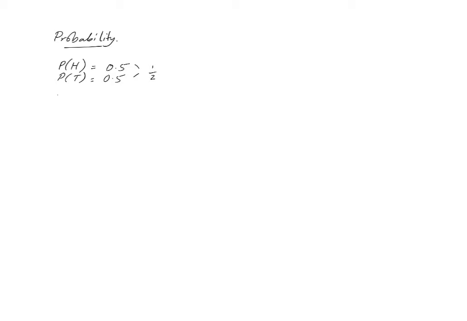So let's just do another quick example. P of 1 equals 1 over 6. What's 1? The probability of rolling a 1 on a die. Now, the probability of an even number on rolling a die, well, what's that going to be?